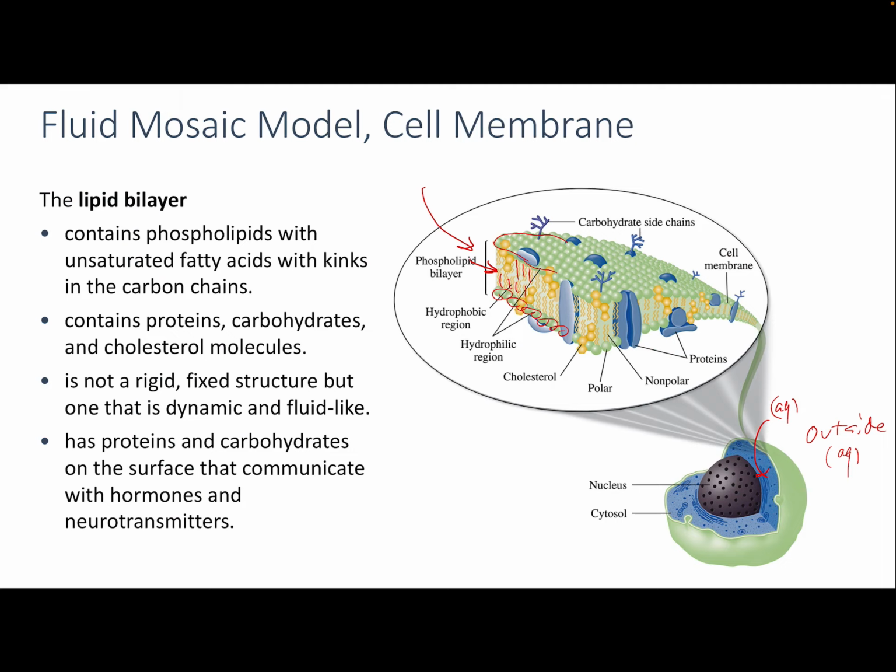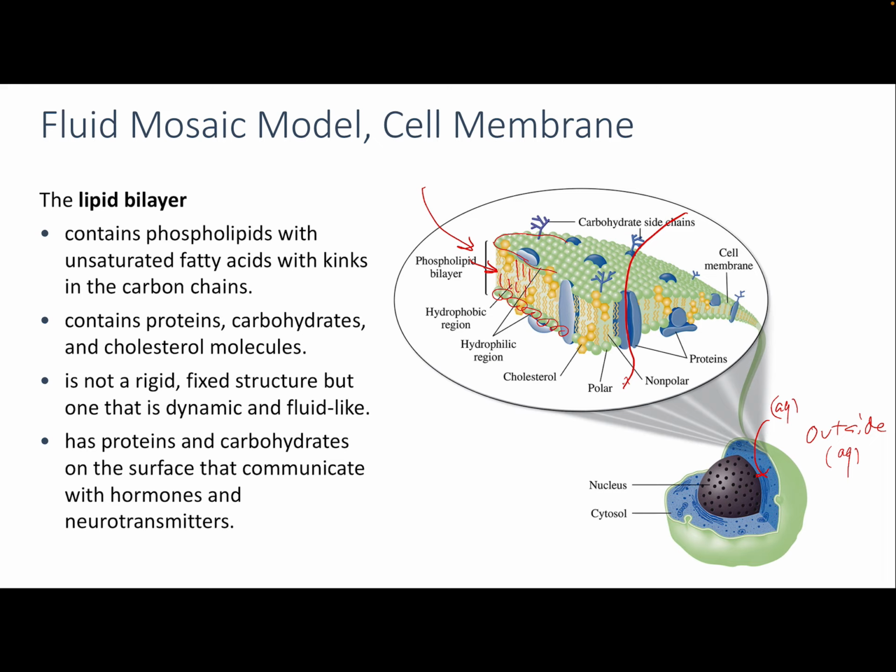We've got proteins and carbohydrates and cholesterol molecules. We've got pieces of protein that span the inside to the outside. We've got signaling mechanisms and receptors and all kinds of stuff happening. We're not going to go into all that detail, but it's very dynamic.